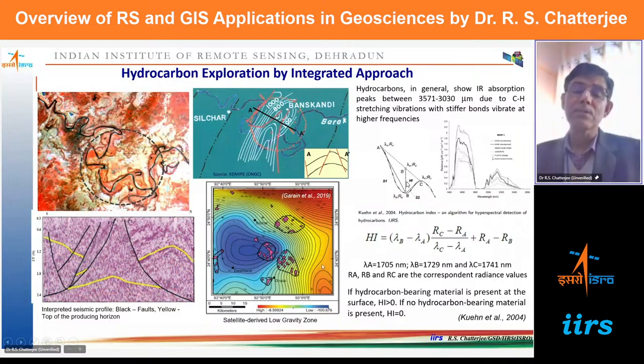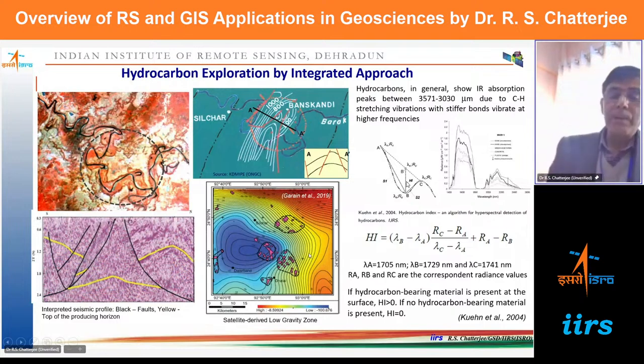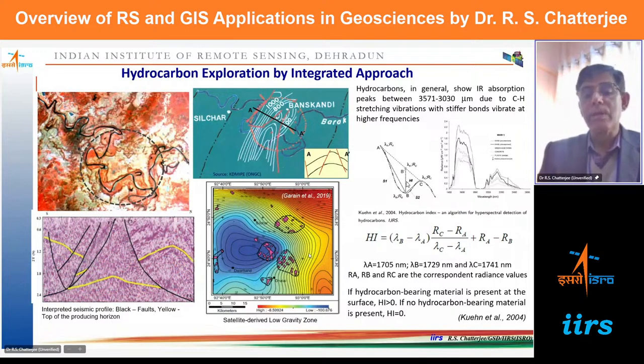Similarly, regional geophysical investigations like airborne or spaceborne gravity observation, for example, are also suggestive of suitable conditions at that particular location for the production of oil. That is the suitable cooking condition for producing oil from the microorganisms.